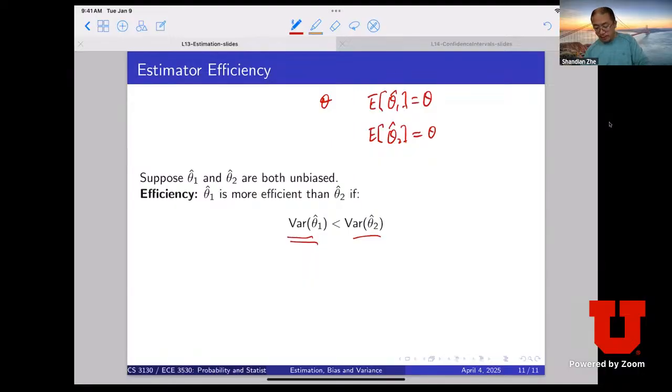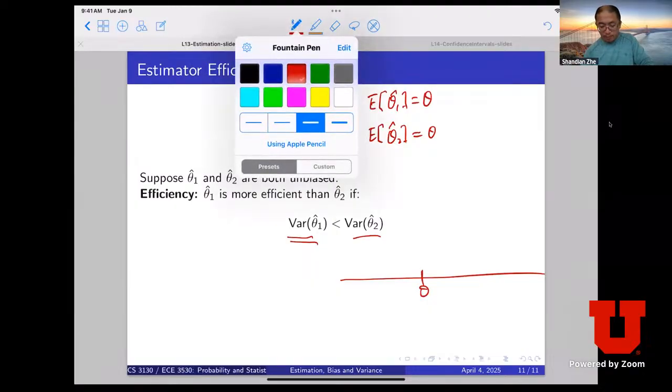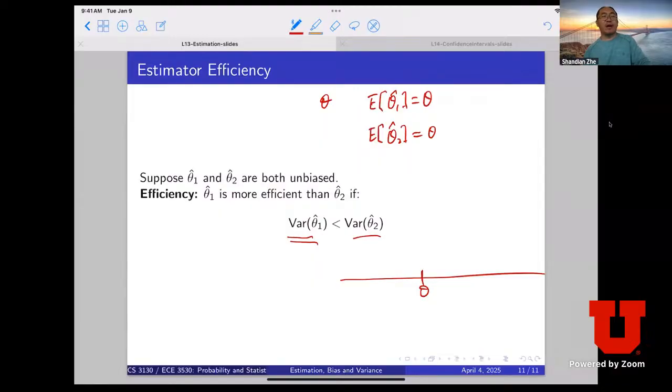So what does it mean, right? It means that suppose this is your ground truth, and you have two possible estimators. One is theta 1 hat, one is theta 2 hat. Theta 1 hat is random, so different random experiments will have different values.